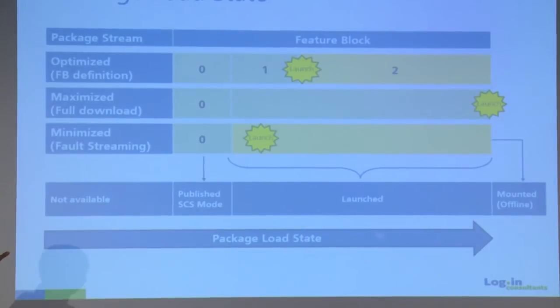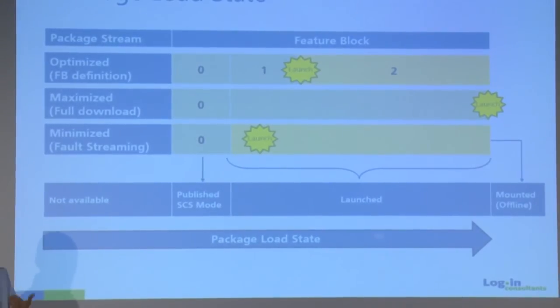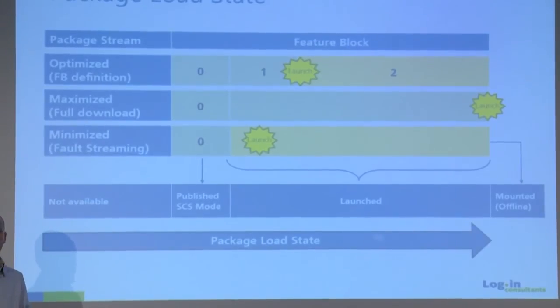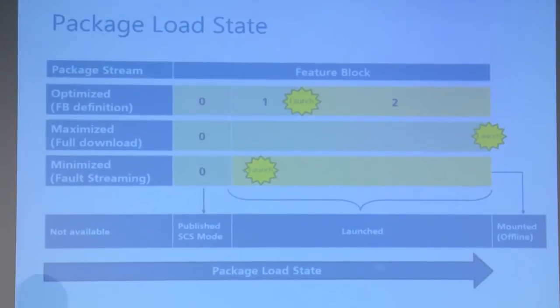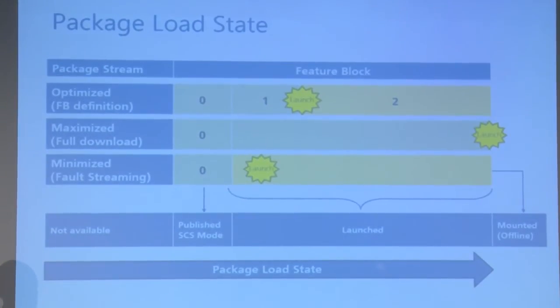We are familiar with the streaming technology and feature blocks, but there's actually a new component as part of the sequencer, and the default sequencing behavior has changed if you do nothing and click next. It will go towards something called fault streaming, where nothing is categorized within that data block and everything is streamed on demand.